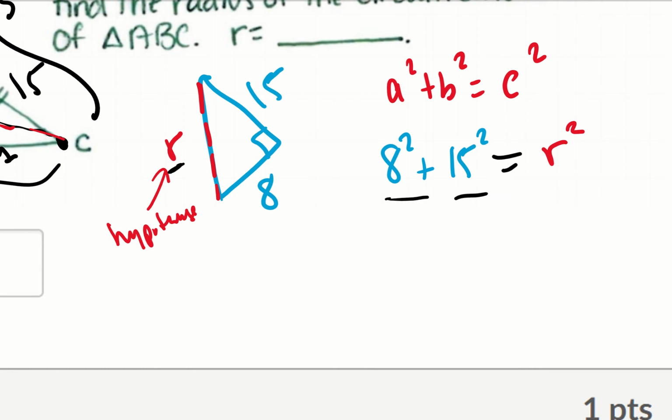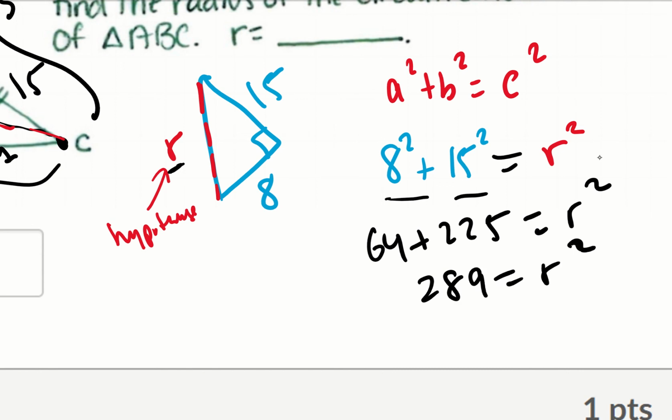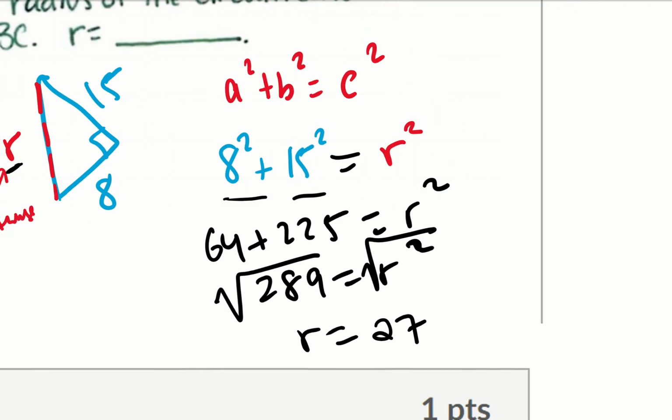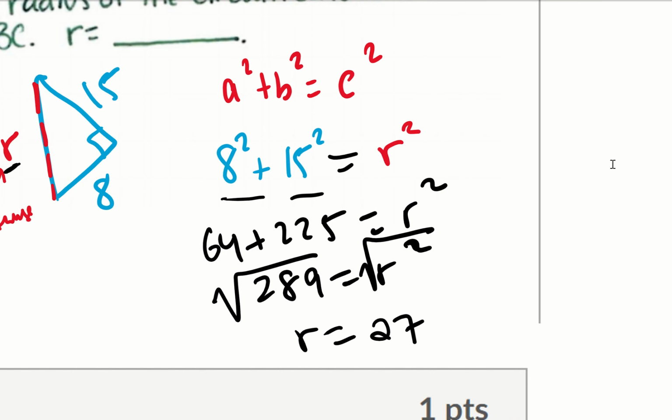8 squared plus 15 squared, that's 64 plus 225 equals r squared. 64 plus 225 is 289. And then we are going to take the square root of both sides. So the radius, square root of 289, should be, well, let's double check on that. I'm going to say it's 27, but I'm not entirely sure.